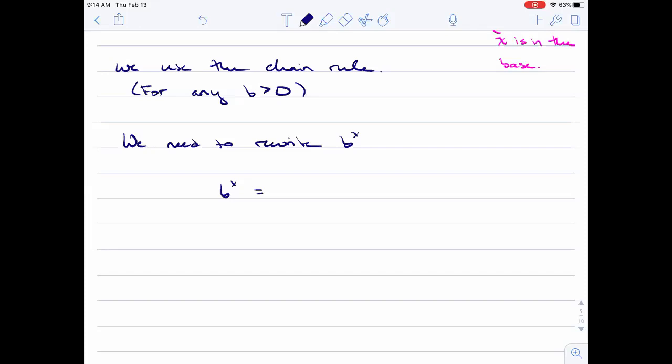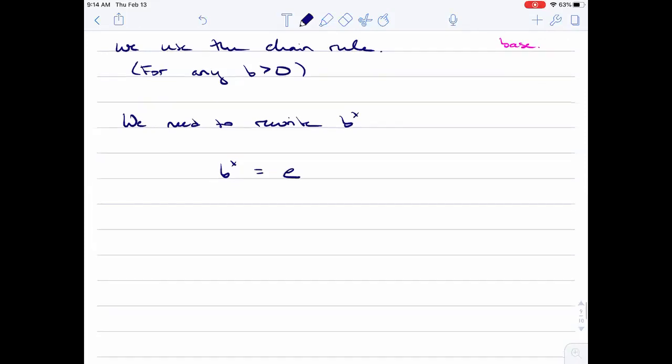So if I rewrite b as e to the power of the log of b, well, e to the power of the log of x is just x, right? So b, same thing. So e to the power of the log of b times x, since e to the log of x is x. E to the log of b is b.